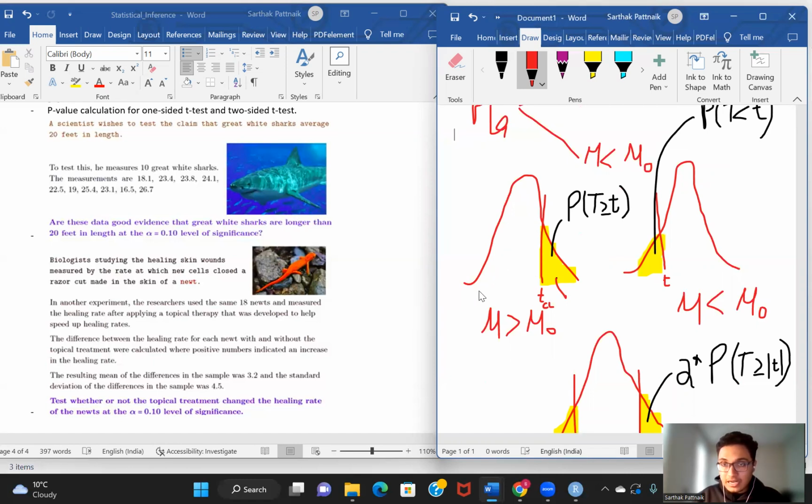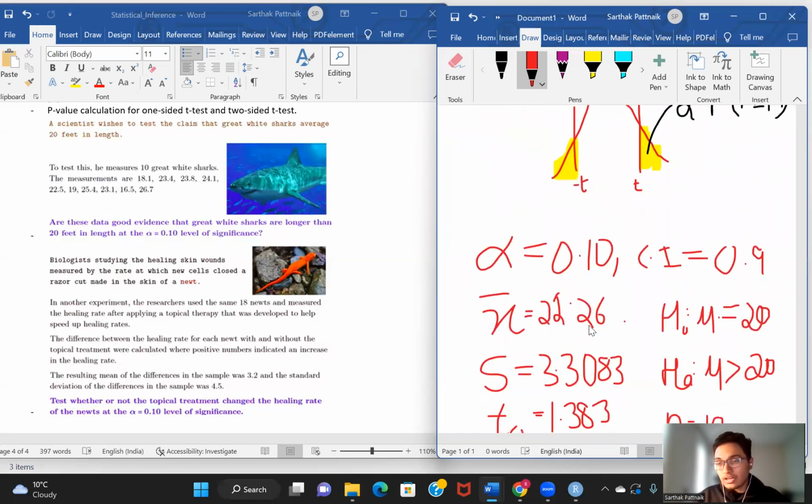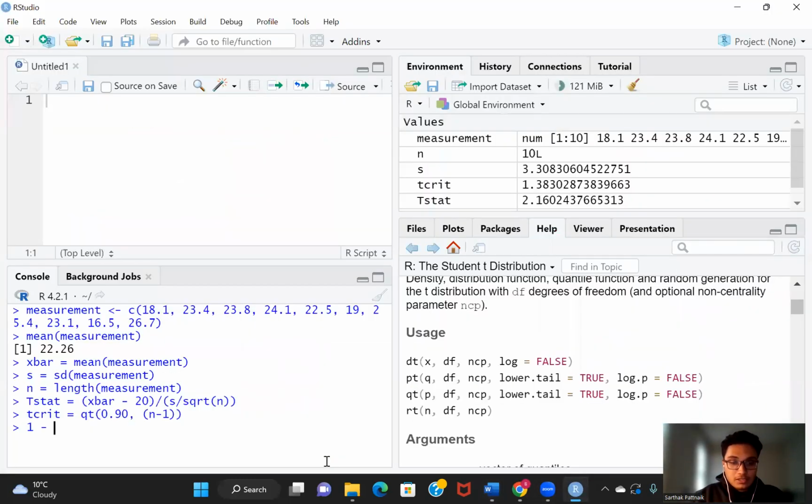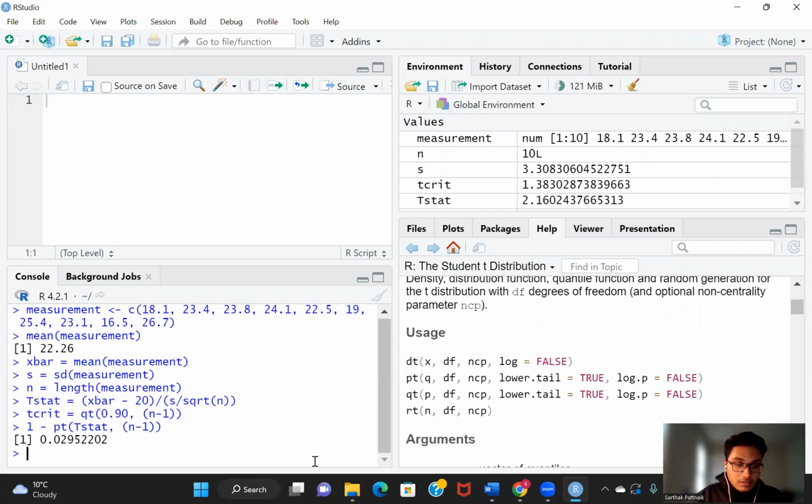So I calculate this area and subtract it from the total area, which is going to be 1 minus PT of T stat and n minus 1. This gives me 0.029. So my p value is 0.029, which is less than 0.1.